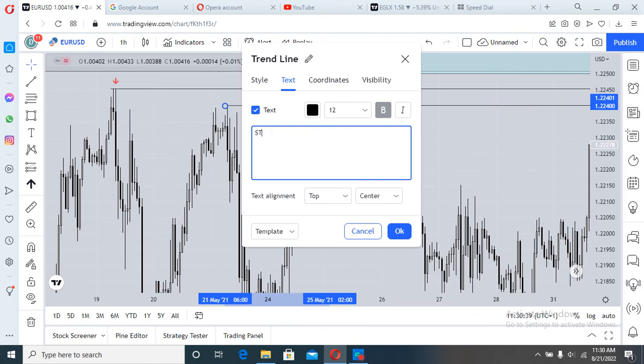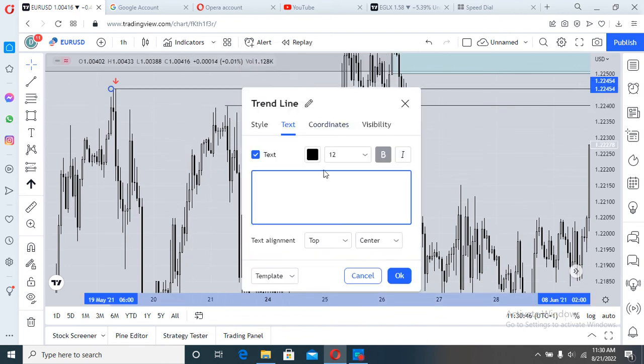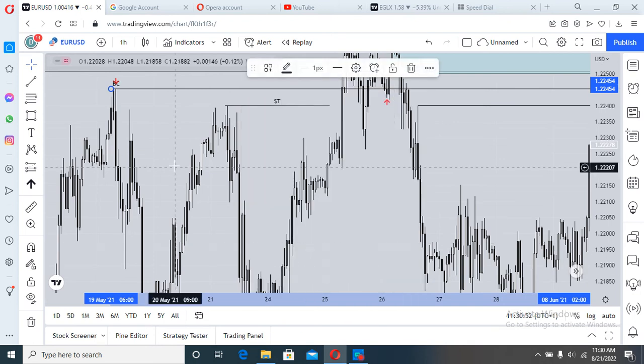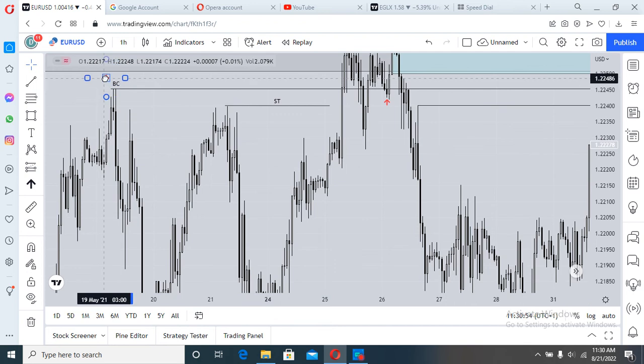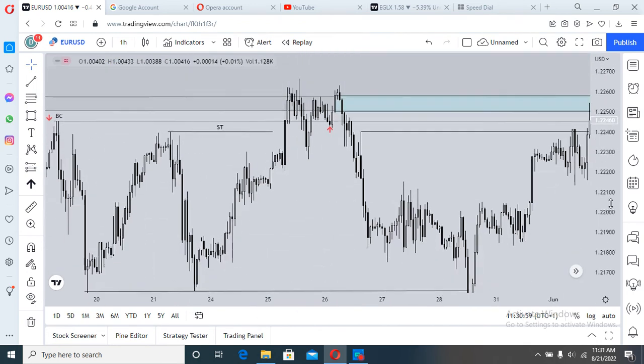So we have BCST, right? So right here, this one will be buying climax, buying climax by the left. So we have buying climax, right? We have ST secondary test.